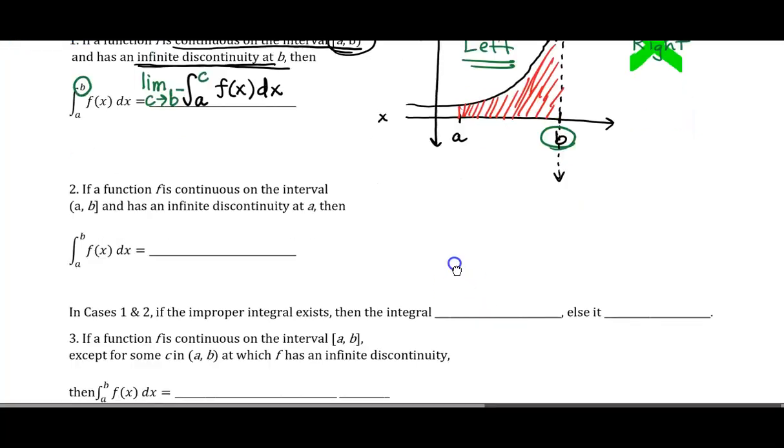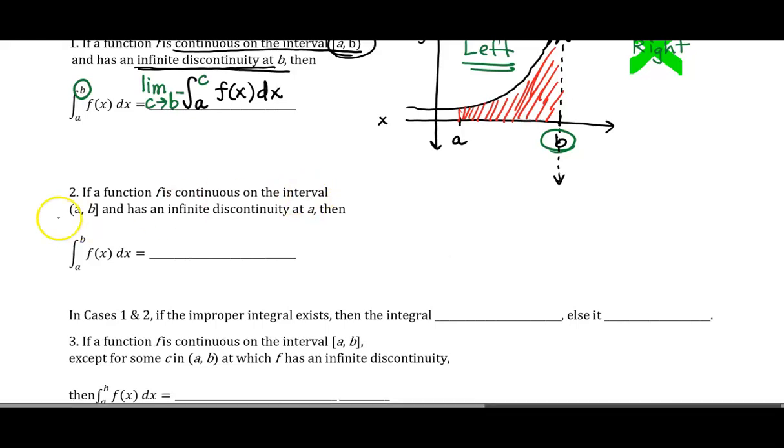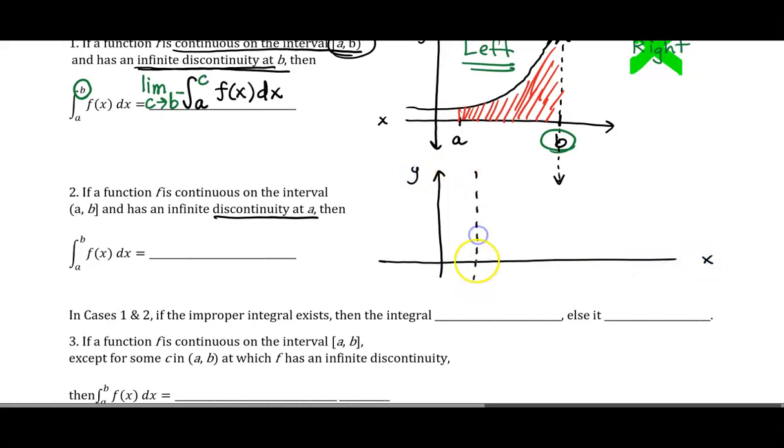On the flip side, let's say I wanted to integrate on an interval from A to B where A is excluded, and the function had an infinite discontinuity at A. Now my picture would look like a vertical asymptote at x equals A, and my graph would look something like this.